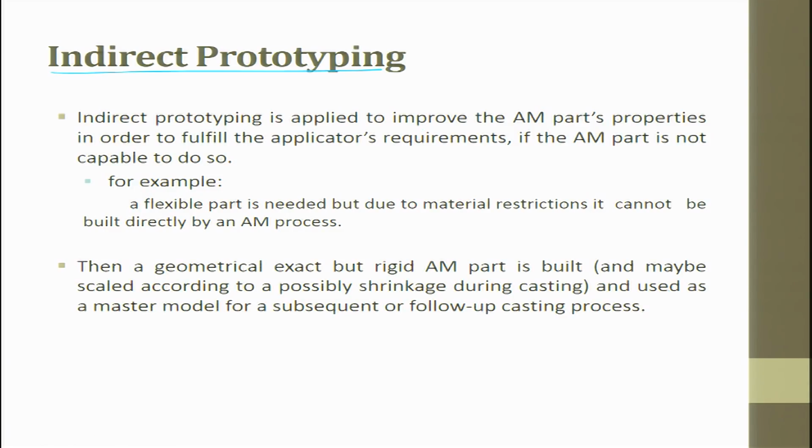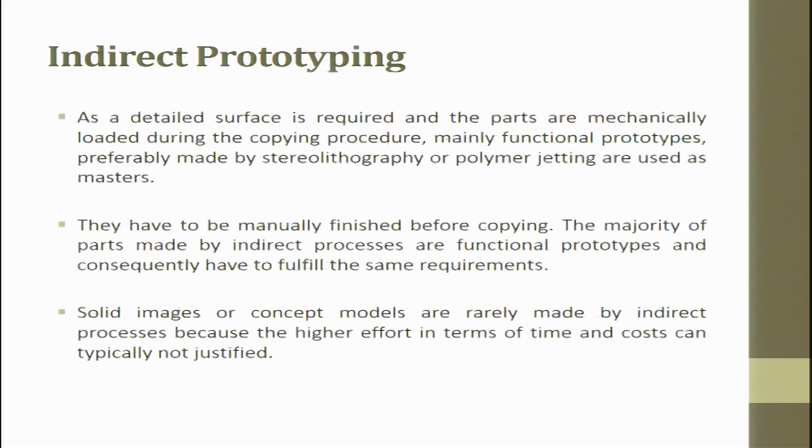I was giving you the example of a flexible part; that is indirect prototyping. As detailed surfaces are required and the parts are mechanically loaded during the copying procedure, mainly functional prototypes, preferably made by stereolithography or polymer jetting, are used as masters. They can be manually finished before copying.